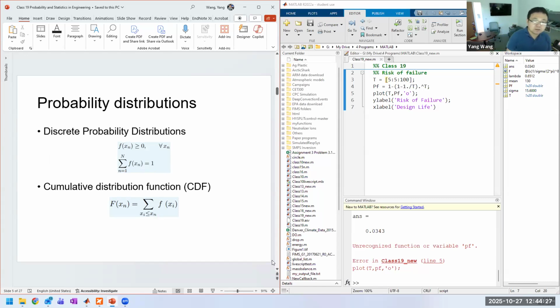It could be the probability of the rate of rainfall exceeding a certain level, right? Or if we're talking about the failure of the system, we're talking about the risk or probability of the system having, let's say, 2 failures within the first 5 or 10 years, right? So in that situation, we have to evaluate the probability.